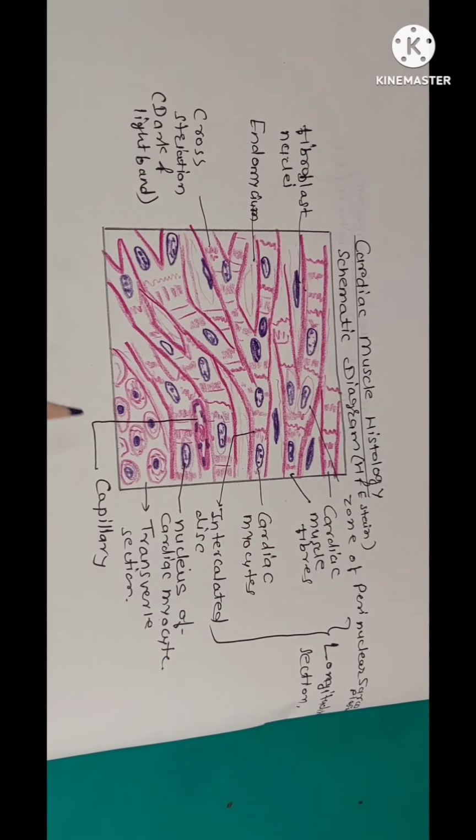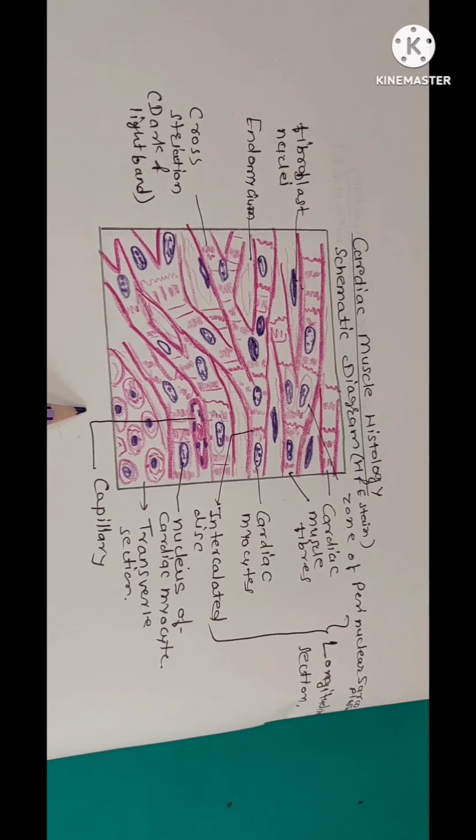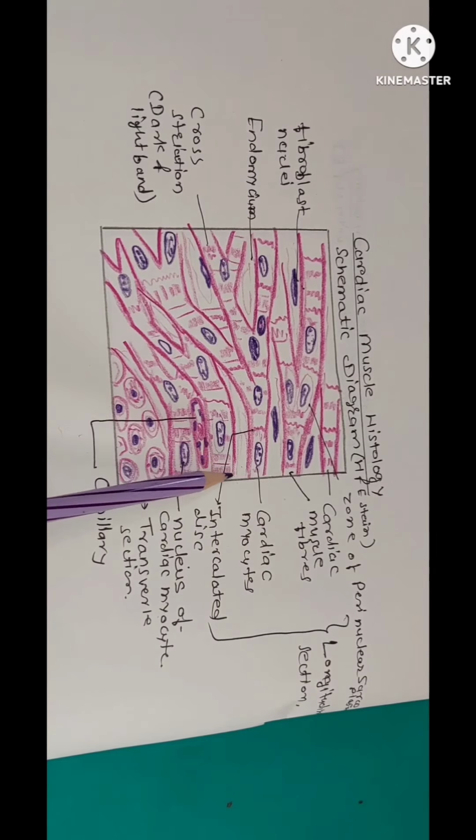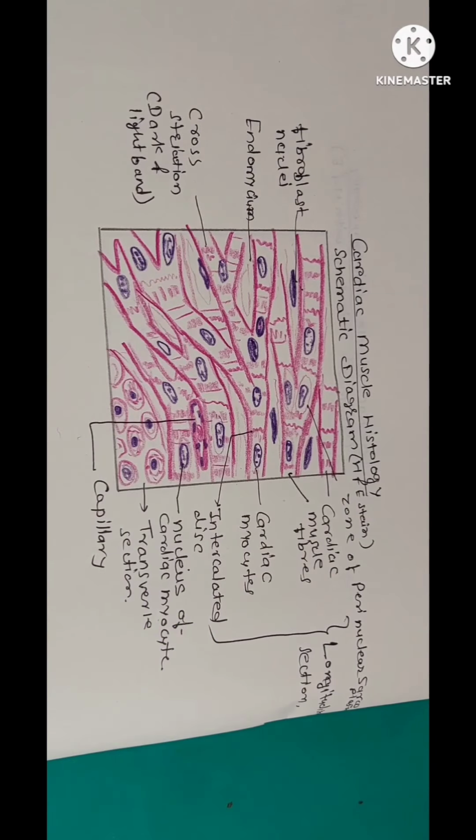Under the light microscope, you cannot appreciate the other cell organelles clearly. However, under the electron microscope, you can see cell organelles like mitochondria and glycogen granules. They are very abundant in the cardiac myocyte.